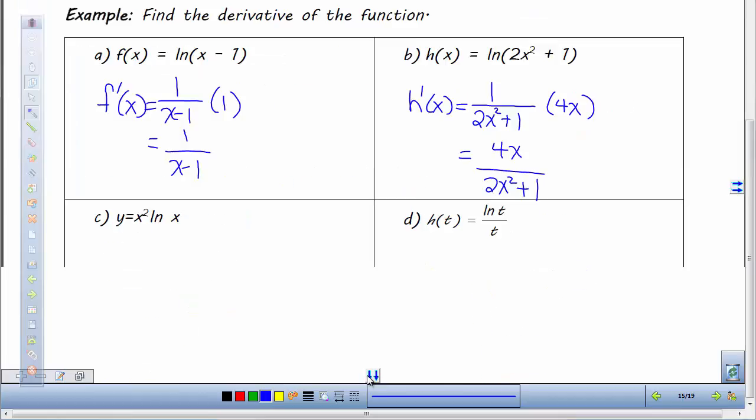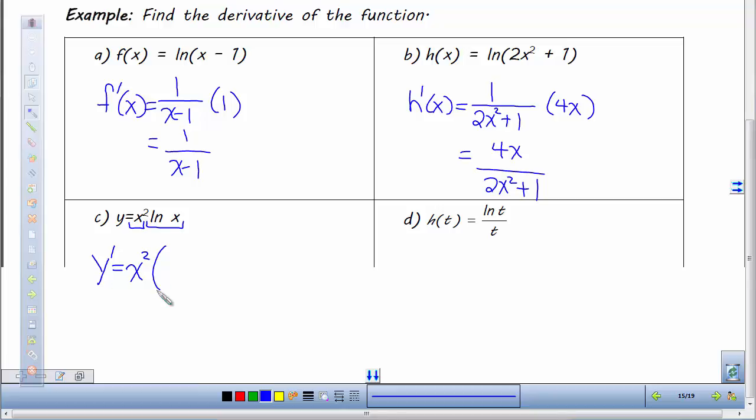All right. So what happens if I combine this with another function like x squared? So we've got y equals x squared times the natural log of x. I'm going to need to do what? Product rule. That's right. So we get y prime equals the first, x squared, times the derivative of the second, natural log of x.